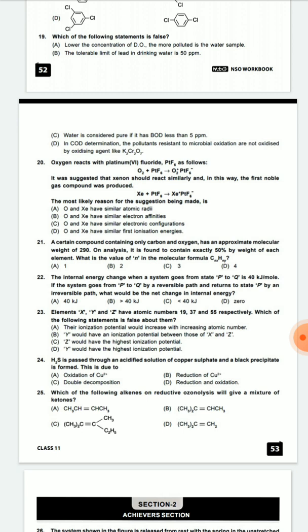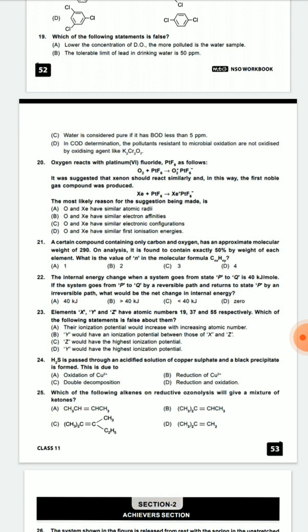Question number 22. The internal energy change when a system goes from state P to Q is 40 kJ per mole. If the system goes from P to Q by a reversible path, and returns from Q to state P again by an irreversible path, what would be the net change in the internal energy?